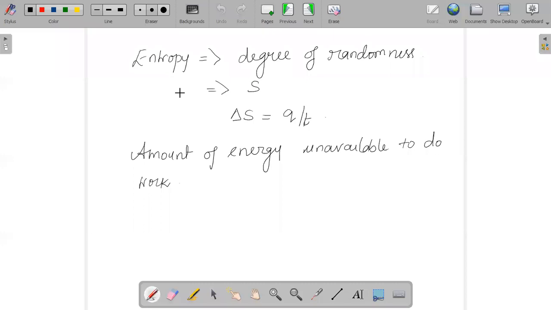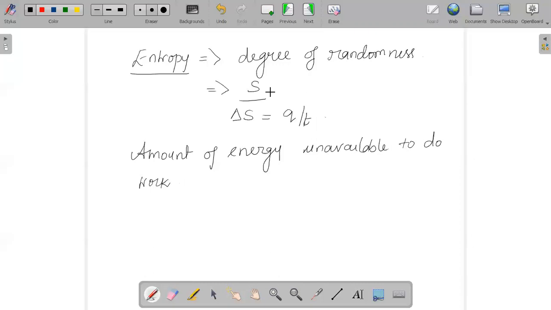So entropy is the amount of energy which is unavailable for doing any useful task, or unavailable for any reaction to take place, and it is denoted by the symbol S.